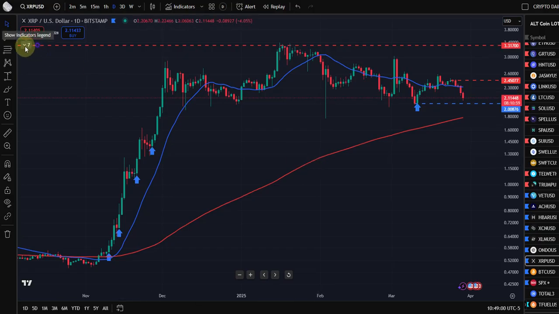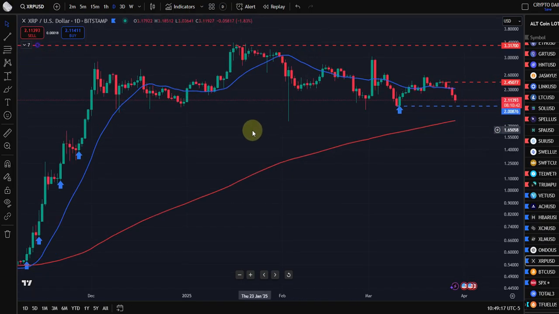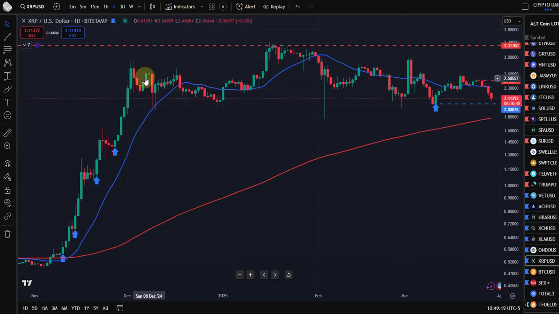But every so often we'll slip in the 8, for example. And let me put that on. And as you can see, price pulled right into the 8, bounce, bounce, and so forth, okay?